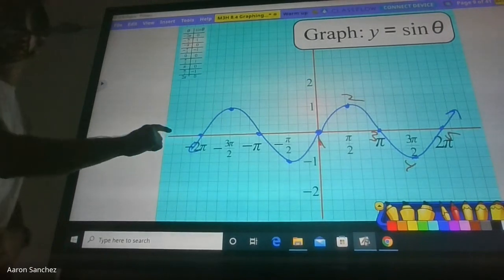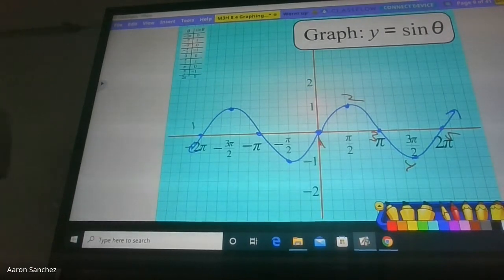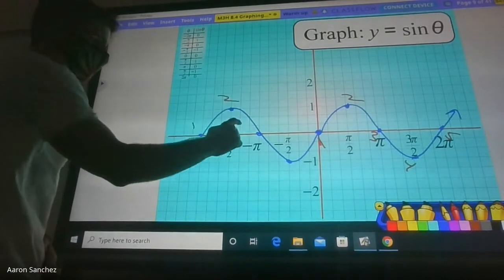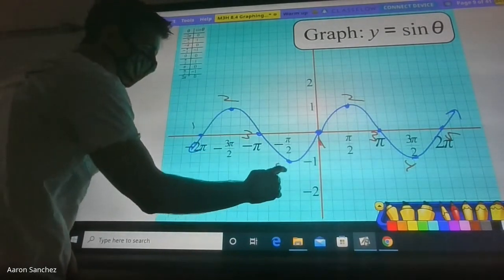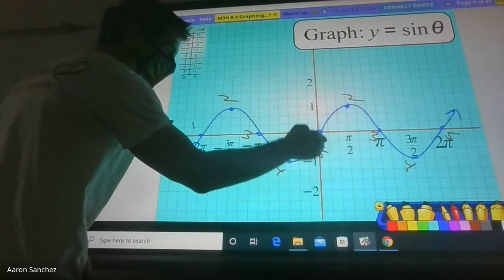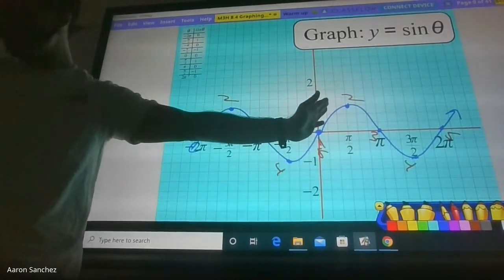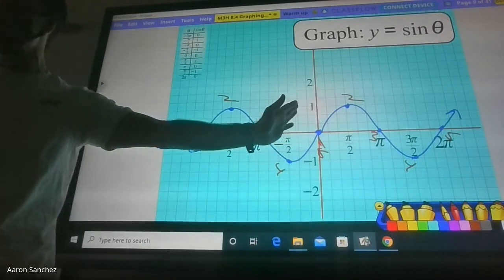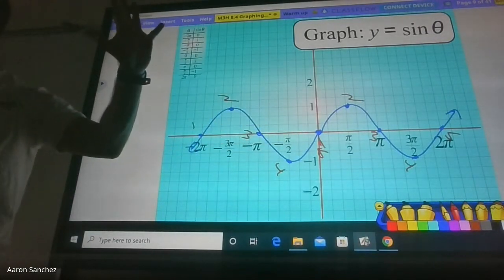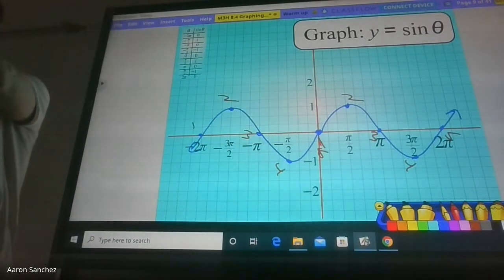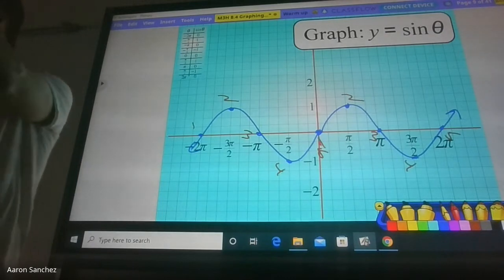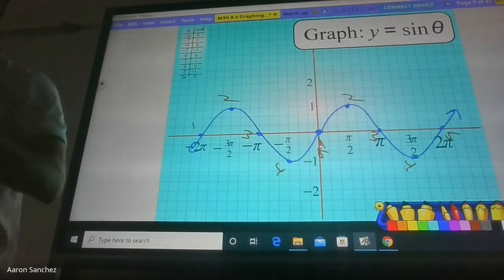Here's my 5 key points: point 1, point 2, point 3, point 4, point 5. Notice point 5 and point 1 are the same, right? Point 1 is the start of the other one. Point 5 is the end of the other one. You get the 5 points and you just put the 5 points.